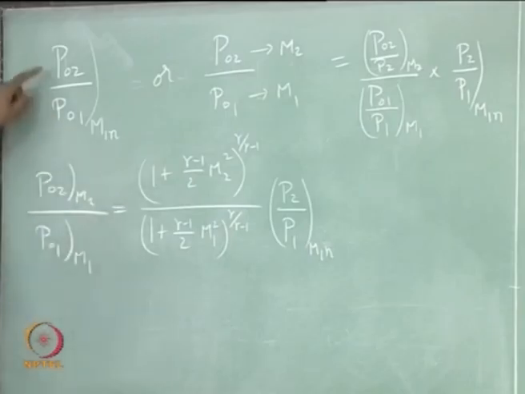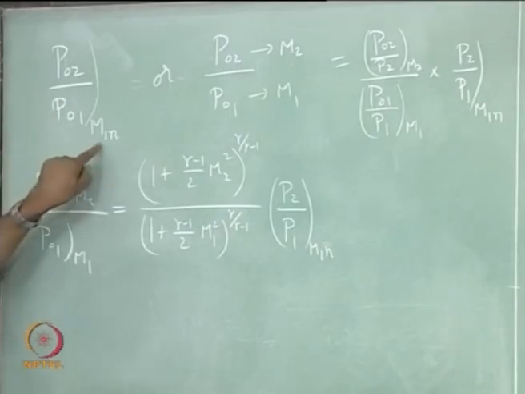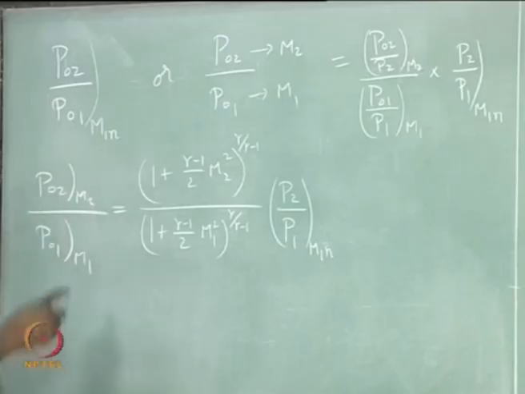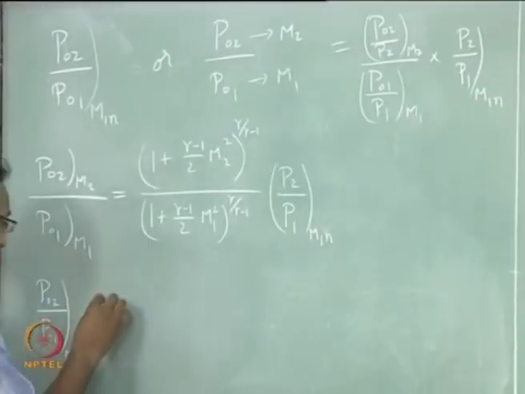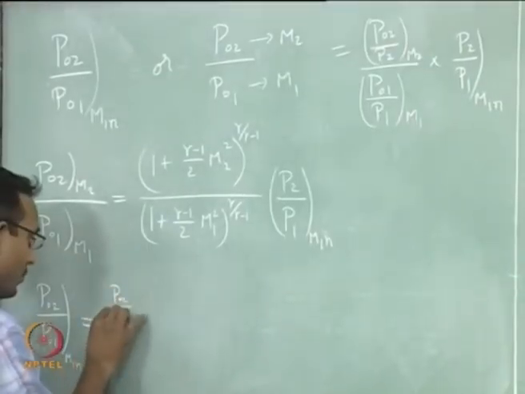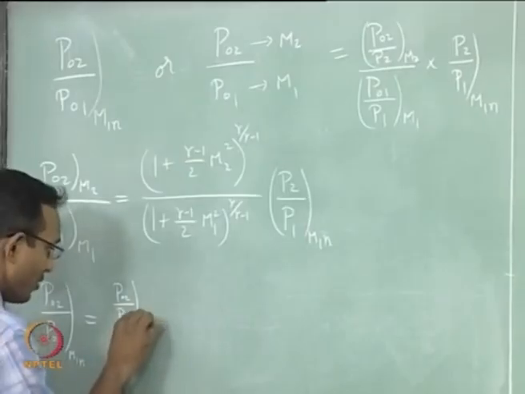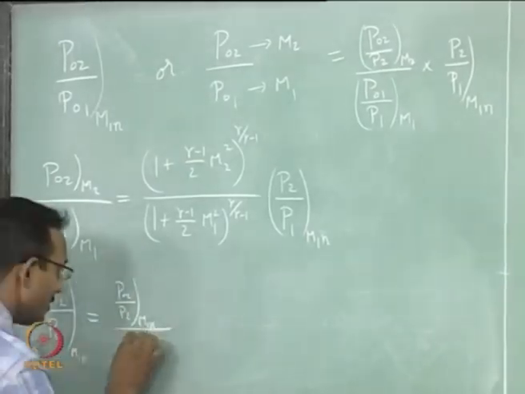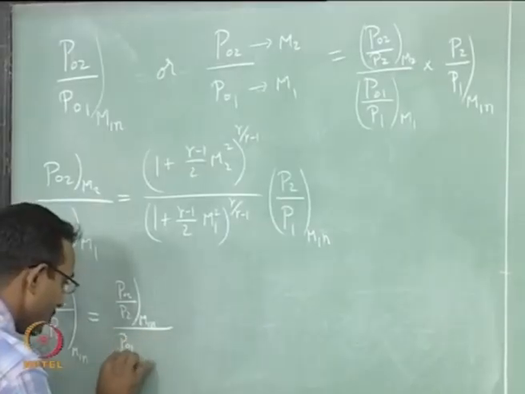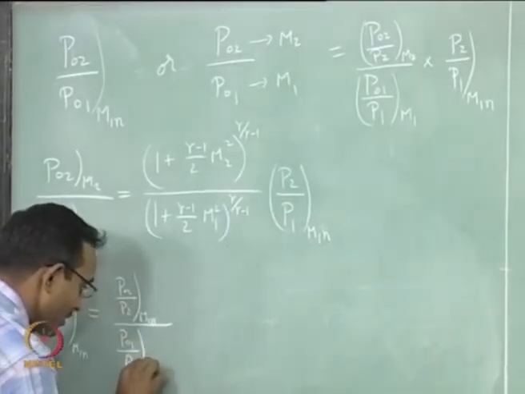The other form, P02 by P01 from M1 normal, is going to be expanded in a similar way. I will write it as P02 by P2 from M1 normal, that is the difference between the previous one and this one, divided by P01 by P1 from M1 normal.